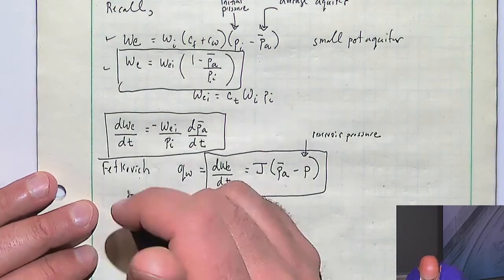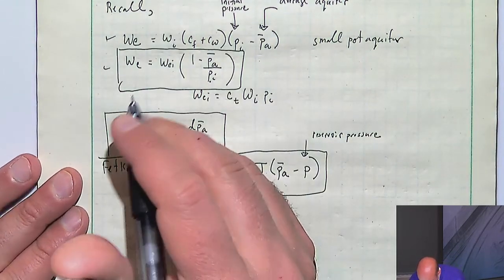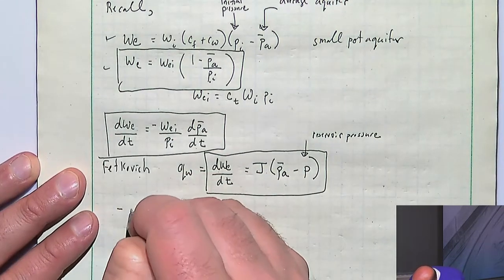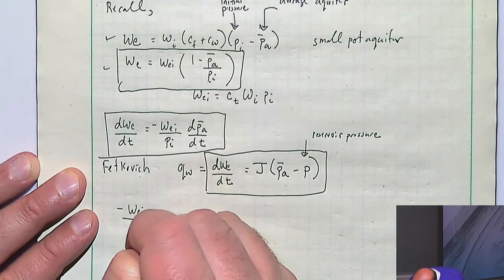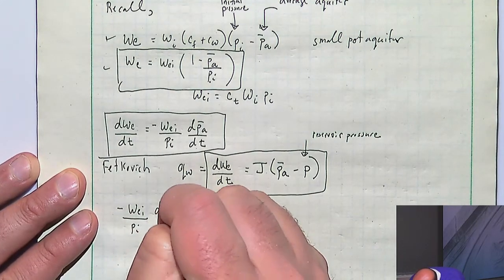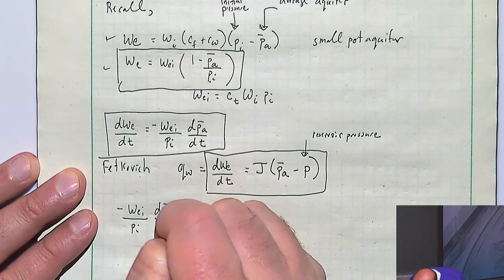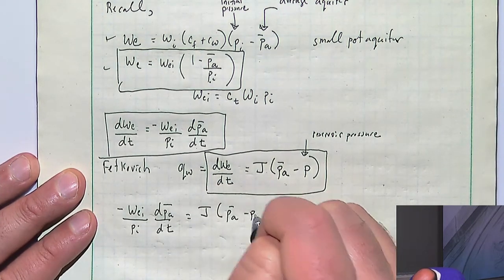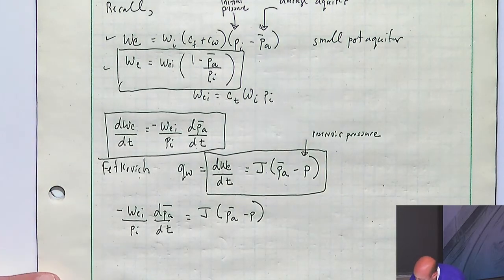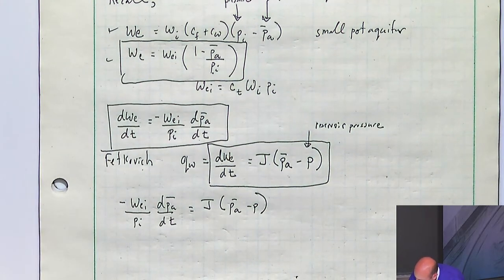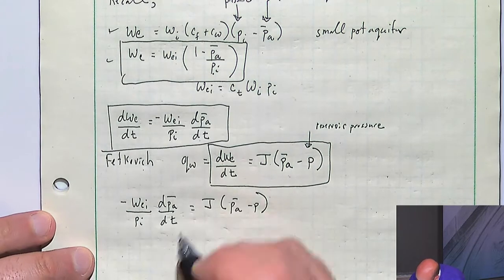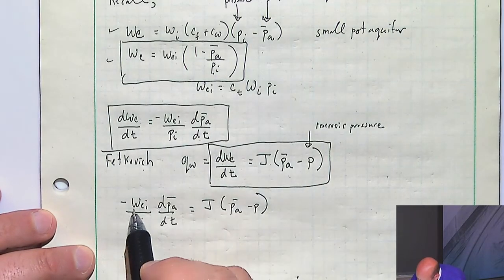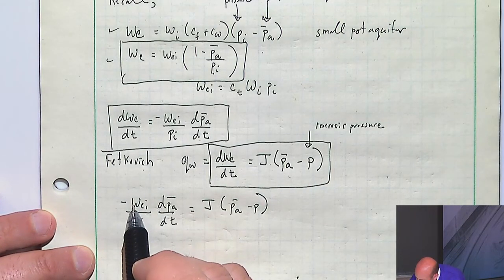So then, minus WEI PI dPA dt is equal to J times (PA bar minus P). Okay, so WEI is a constant, right?